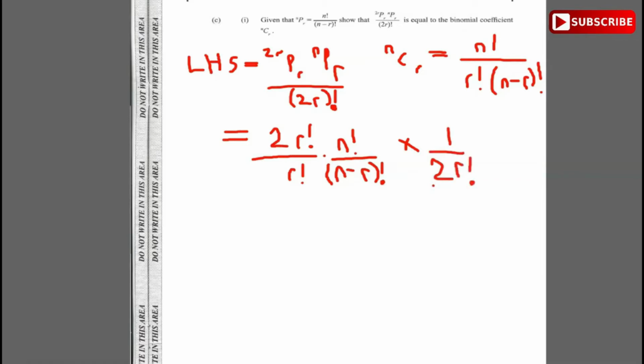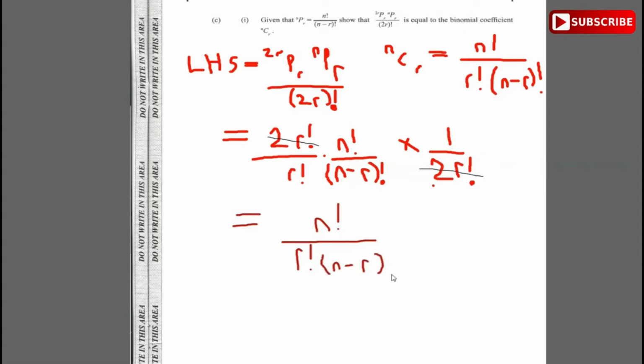All right, and so in reality, this 2r factorial will cancel this 2r factorial. And so what we're left with is n factorial over r factorial times n minus r factorial. Nice and easy. So that's what we're left with.